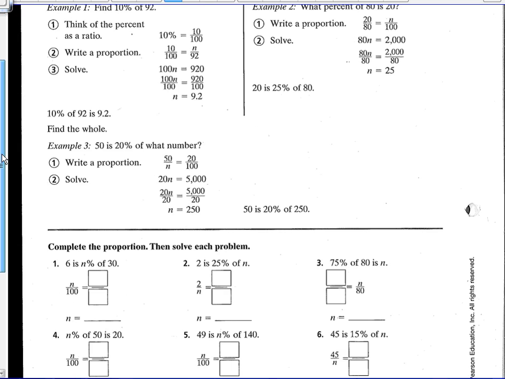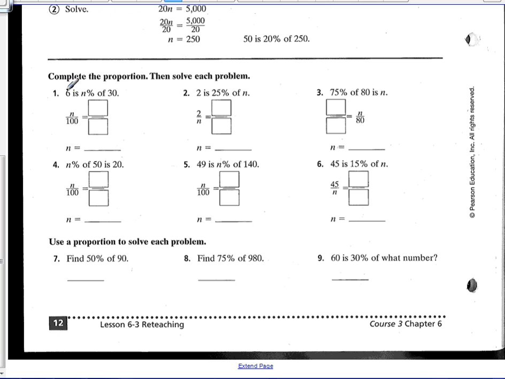In this case, I have: complete the proportion, then solve each problem. So I have 6% is n% of 30. They've set up the first part of our problem here. We have n over 100, so we're trying to find the percent, equals what over what? Well, in this case, we need to figure out what's the part and what's the whole. 6 is the part, 30 is the whole.